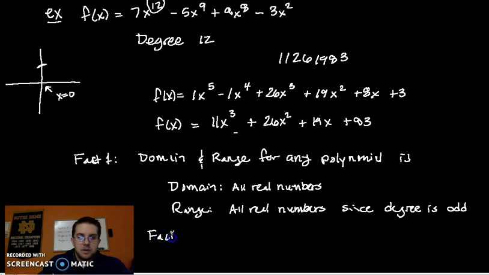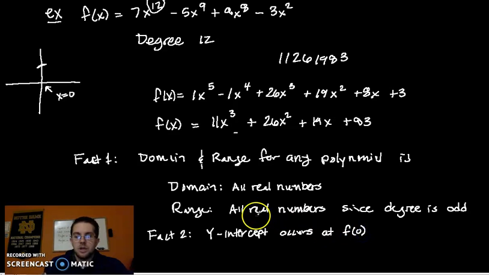Well, fact number 2, the y-intercept occurs at f of 0. So what does f of 0 mean? It means evaluate this function when x is 0.